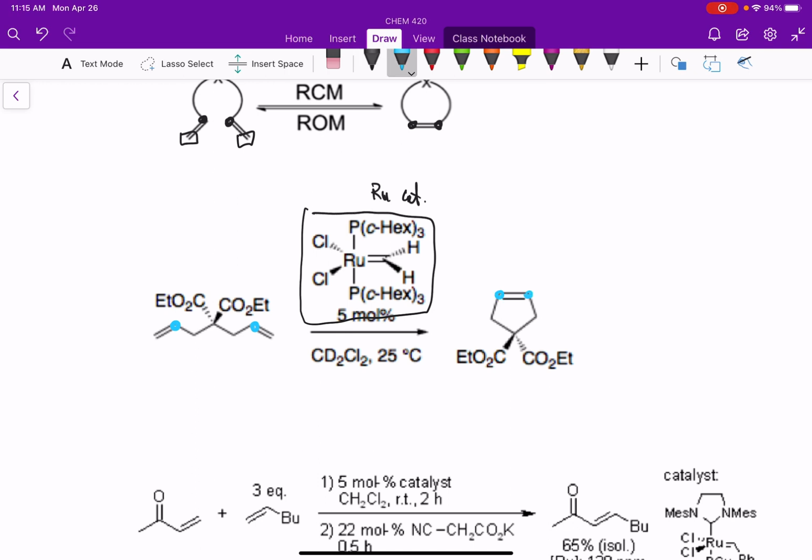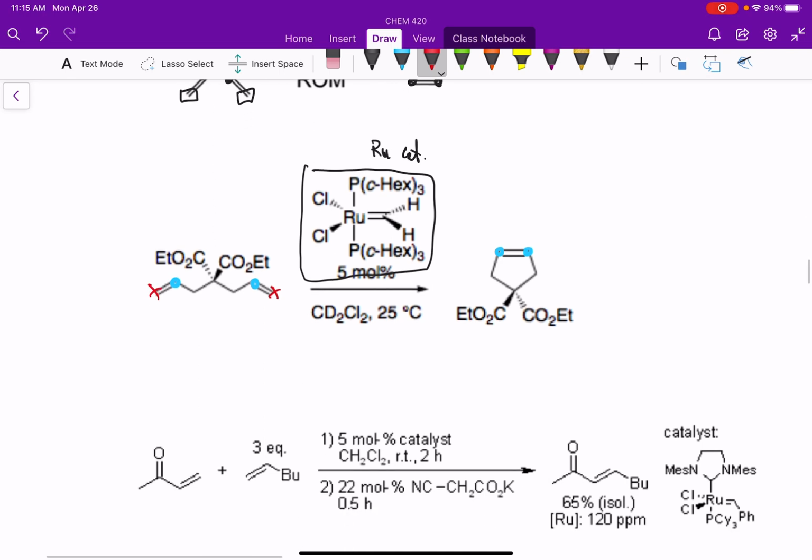And you see those are now coupled together to form an alkene, and you've lost these two carbons at the end. So if we number here, 1, 2, 3, 4, 5. 1, 2, 3, 4, 5. That's your ring closing metathesis.